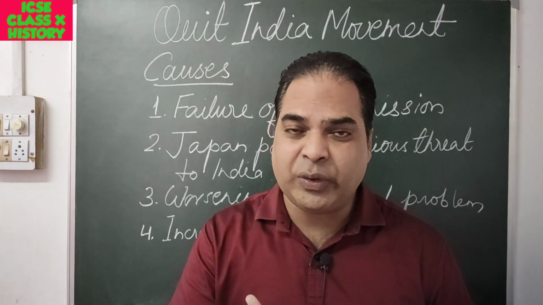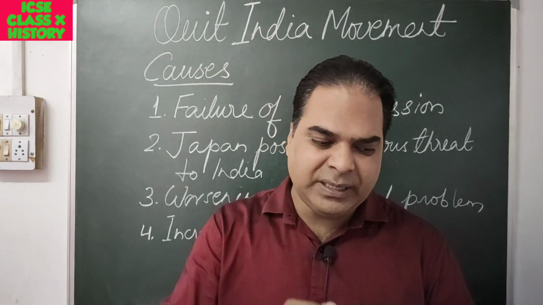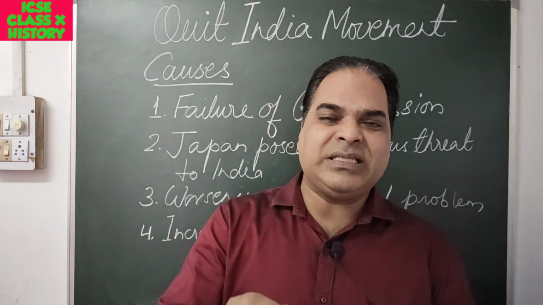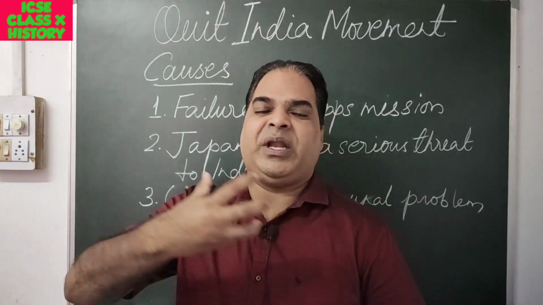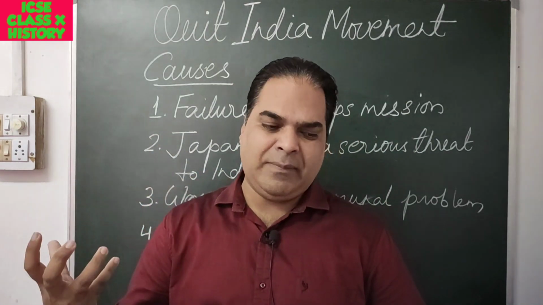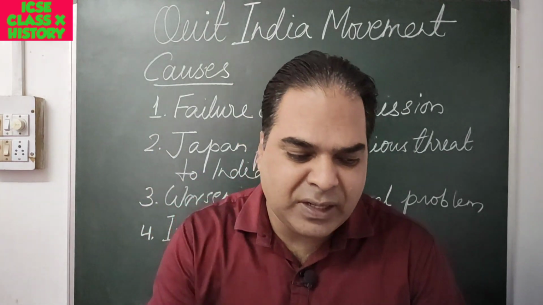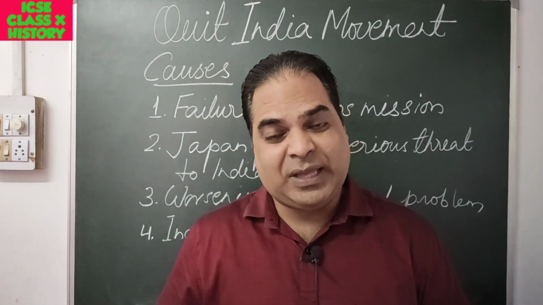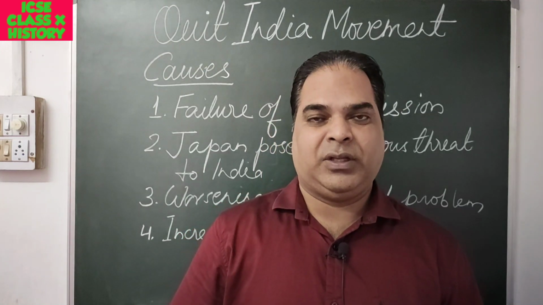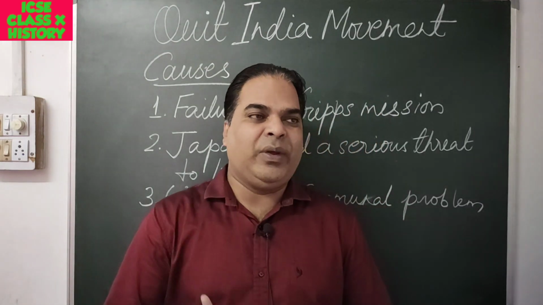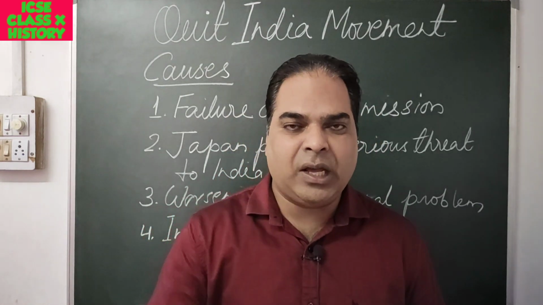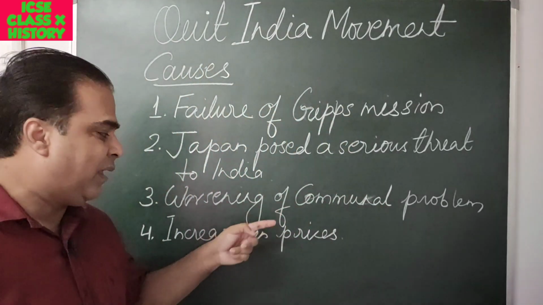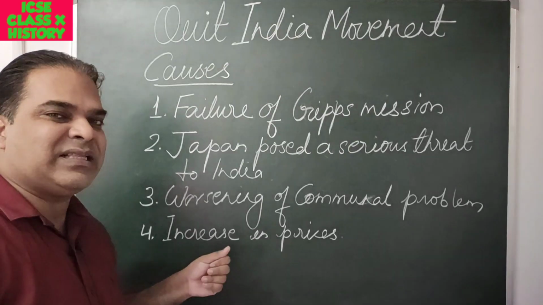That is why Congress felt that if the British withdrew from India, people would sort out the differences in a peaceful and friendly manner. That was their thinking. That was the communal problem.